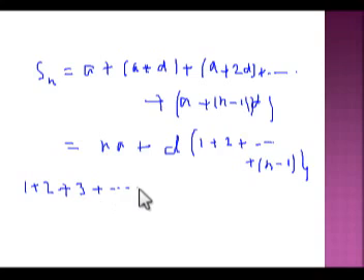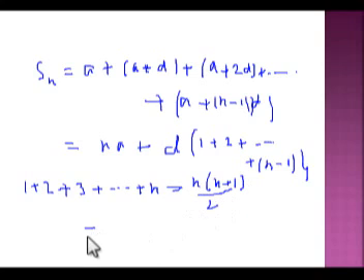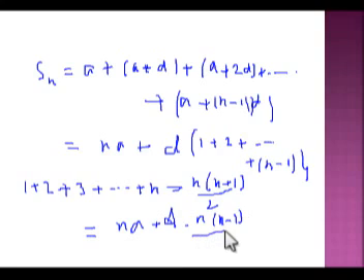It can be proved that it is equal to n into n plus 1 by 2. I'll prove it later, I'm just writing it now. So if we put this here, we get nA plus D into n into n minus 1 by 2.